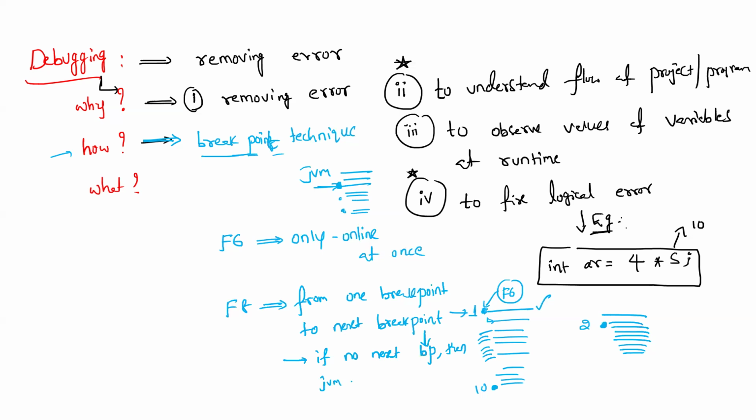Then JVM executes the complete program. F8 means from one breakpoint to another breakpoint. If the next breakpoint is there, then JVM will wait here. But if there is no next breakpoint, then it will complete the program execution. JVM executes the complete program.